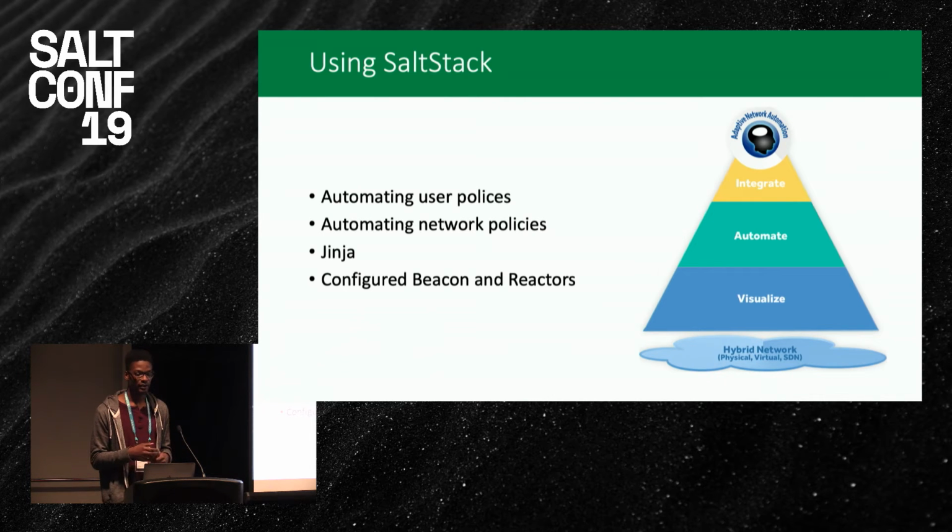I was actually last night looking into the newly released POP, trying to implement POP to basically be a communicating server between reactors, so that I could send all the sources to a Python server and then handle the logic there and communicate seamlessly without having to have multiple states implemented in my master. And so I'm moving from configuring the beacons and reactors to the POP model that was announced in the keynote.